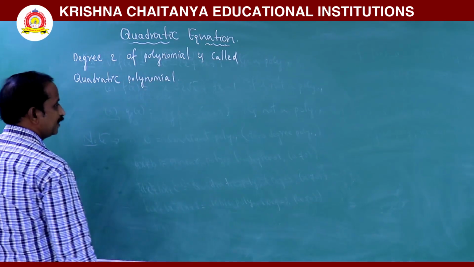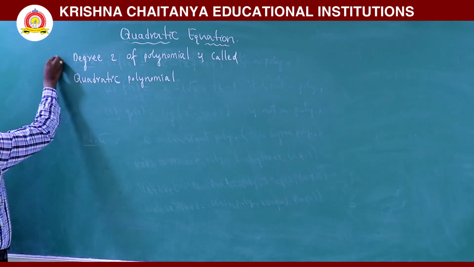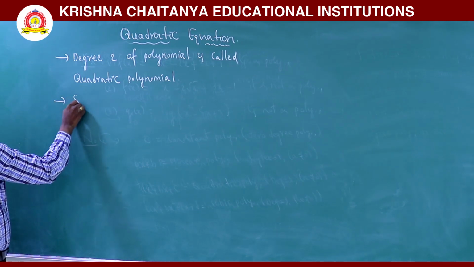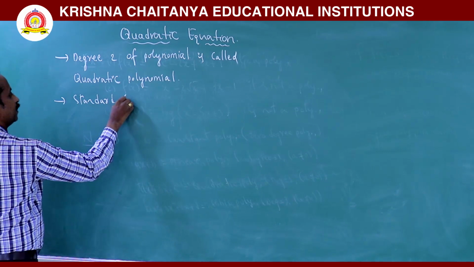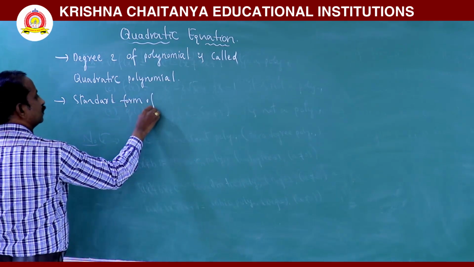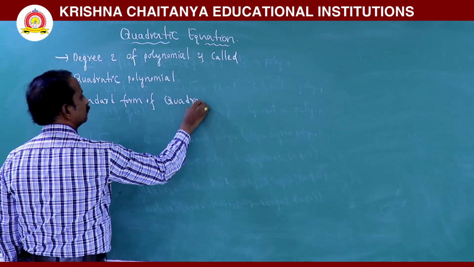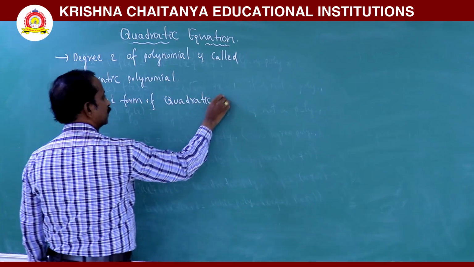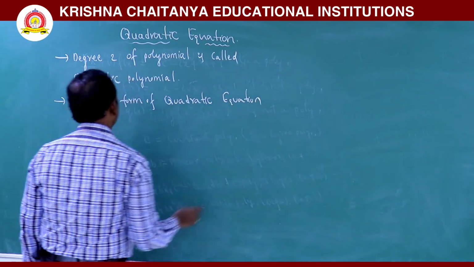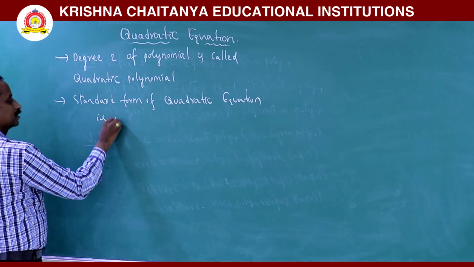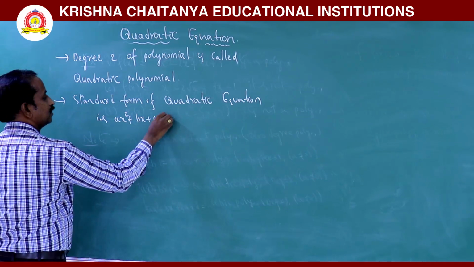What is the standard form of a quadratic equation or expression? The standard form of quadratic equation is ax square plus bx plus c is equal to 0.